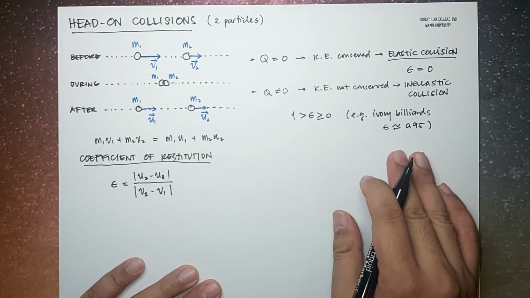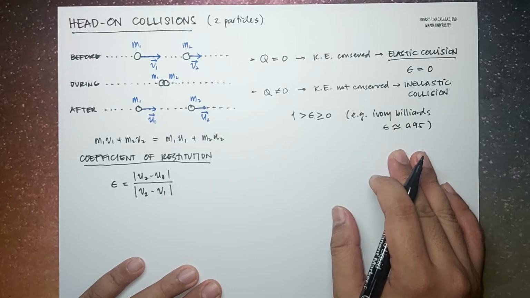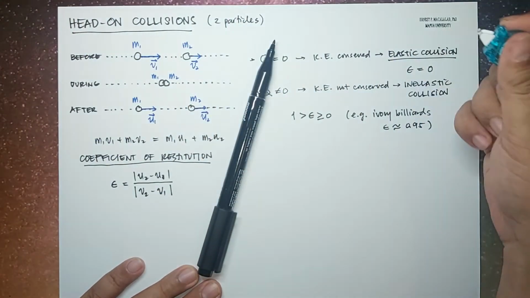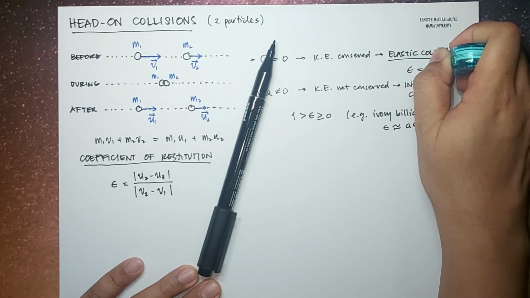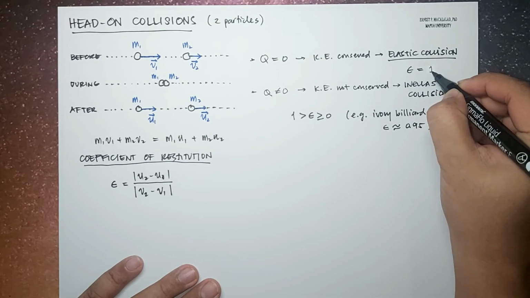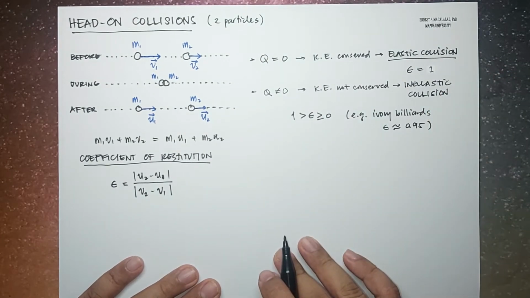So that means it's very close to, sorry, this should be 1. I'm sorry about that. This should be 1 for an elastic collision.